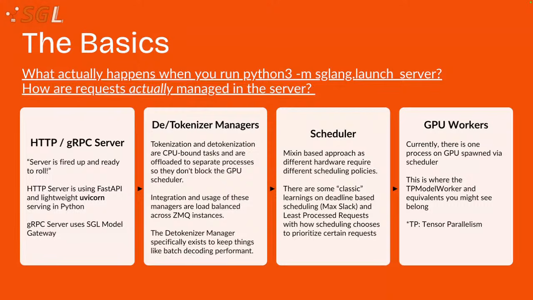But more importantly, from an ML systems perspective, the scheduler is probably a bit more important, which might be a hot take to some. The scheduler itself is a mixin-based approach, which, if you're not familiar, is where you provide a core set of primitives to a larger operating class. We do this because different hardware, which SGLang supports many, requires different scheduling policies.